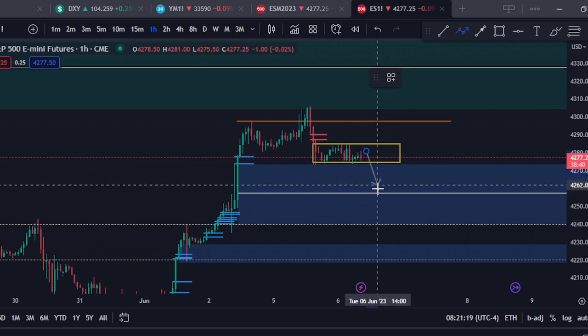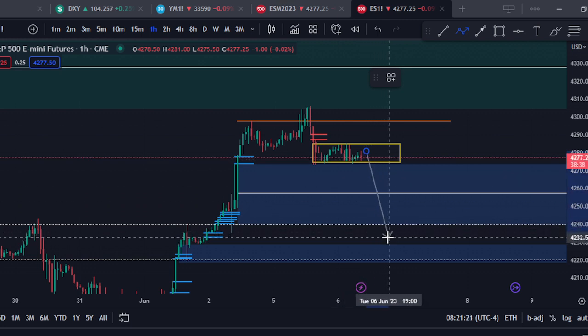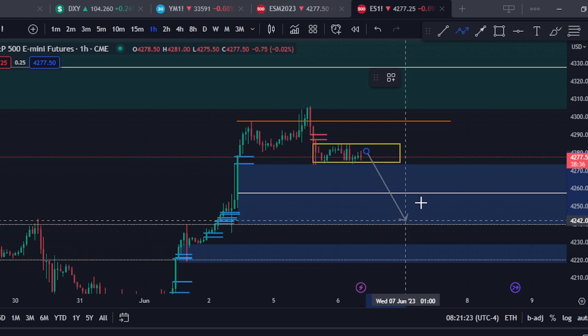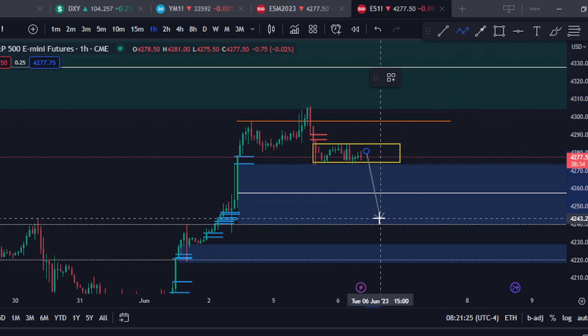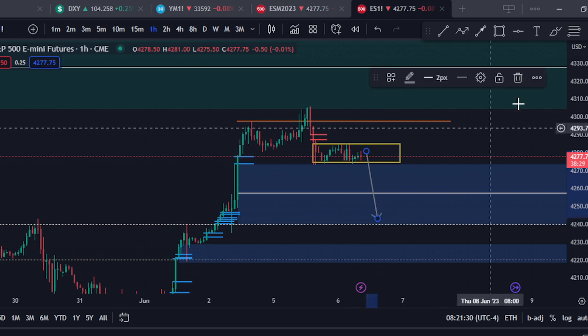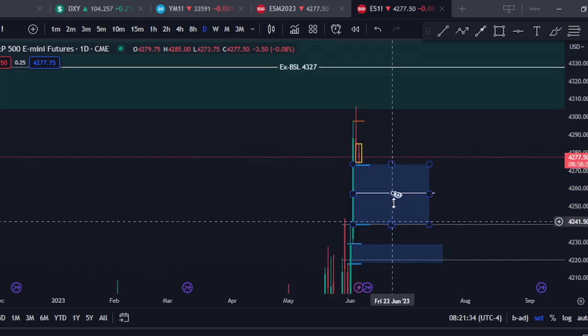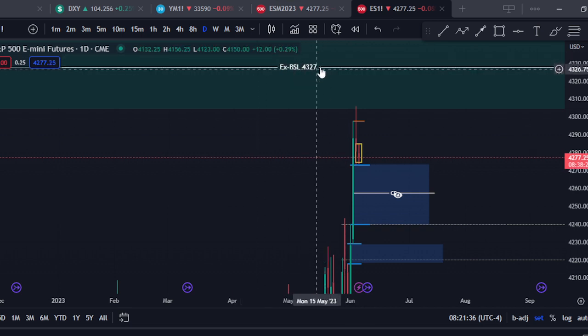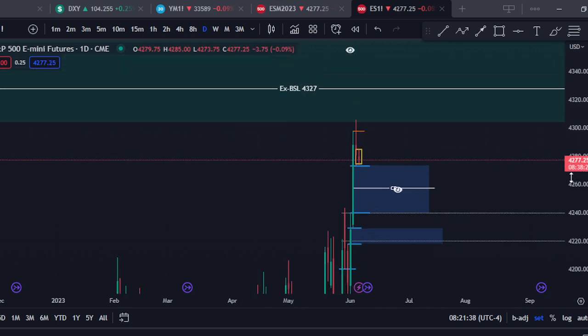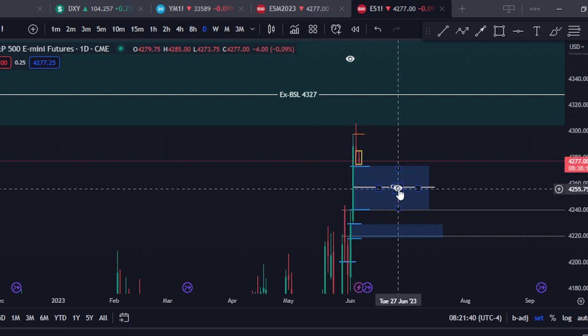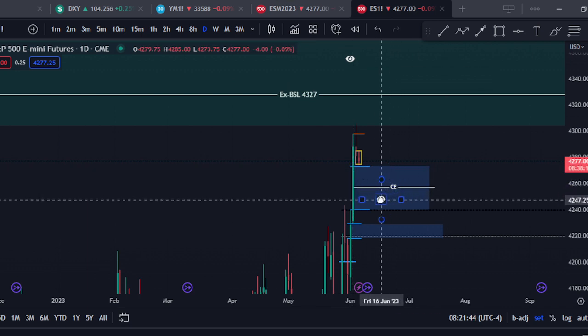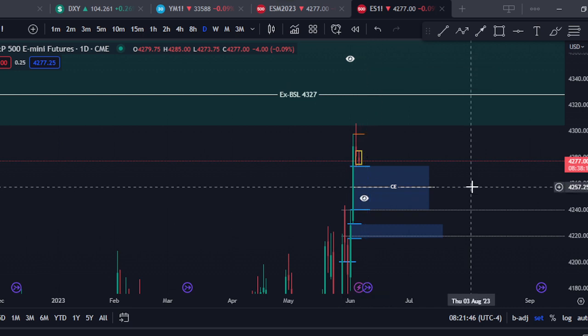We could come on down on Tuesday, set a Tuesday low, and then get on up. So those are things that I'm looking for. That is the liquidity that I see down inside this daily gap, and also above this swing high right here at 43.27. So those are things we're gonna be looking for, and we'll see how it plays out.